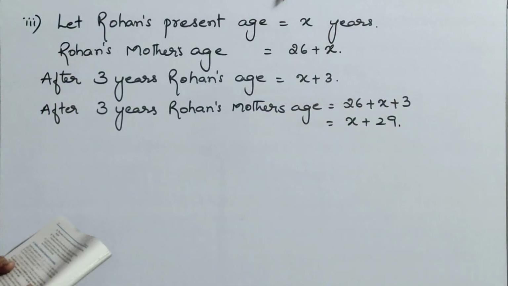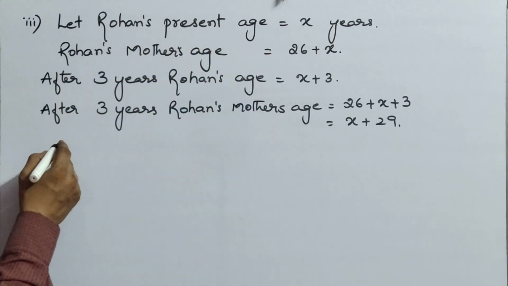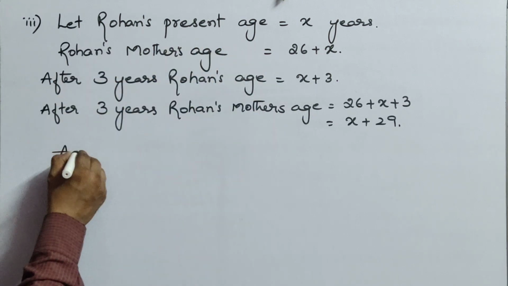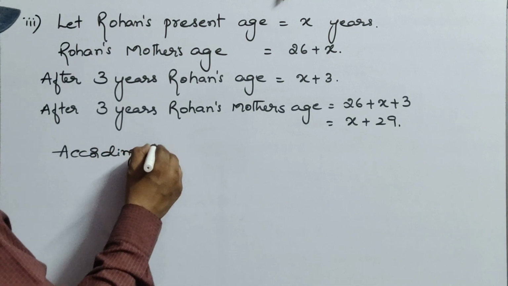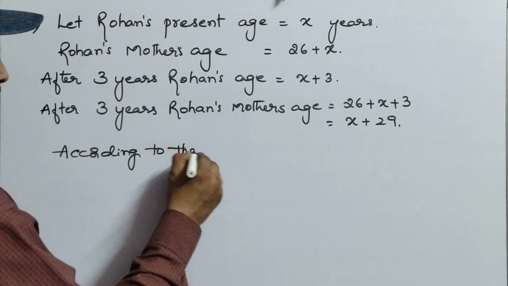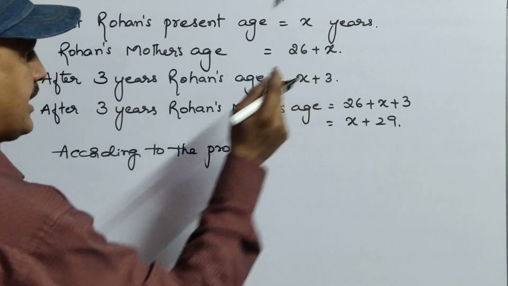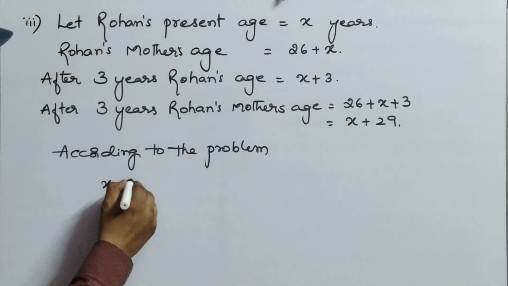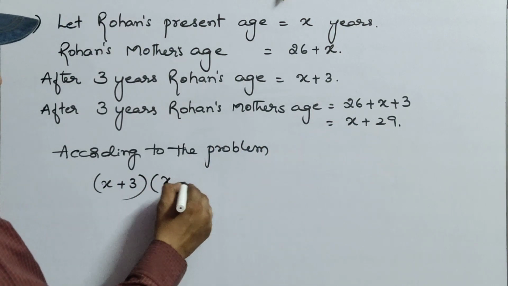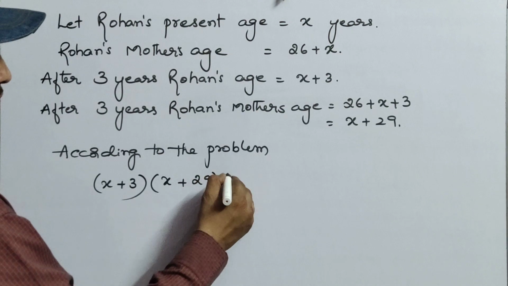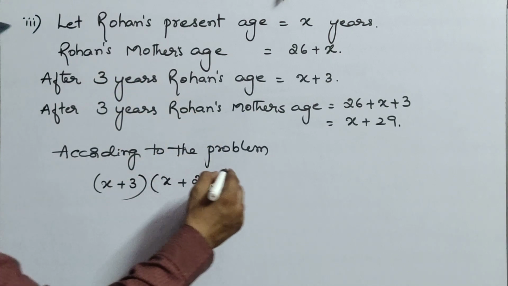But he has given the product of their ages is 360 after 3 years. That means you can write straight away, according to the problem, x plus 3 into x plus 29 equals, how much he has given? 360.